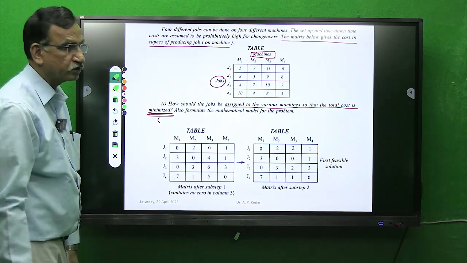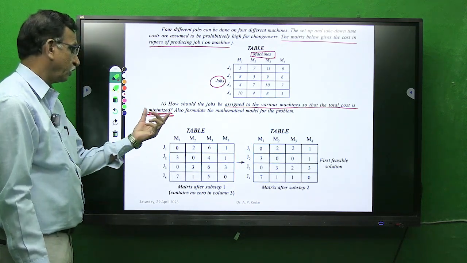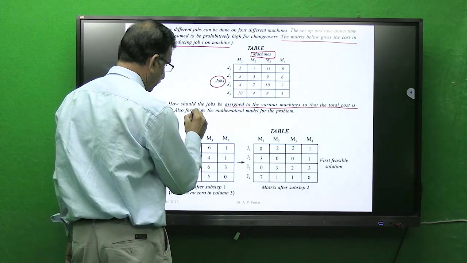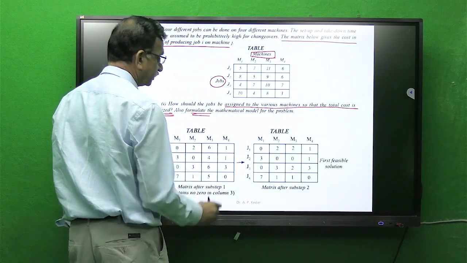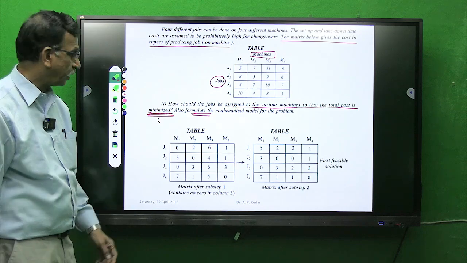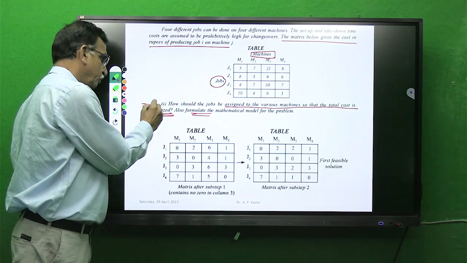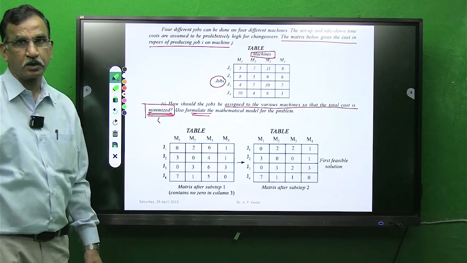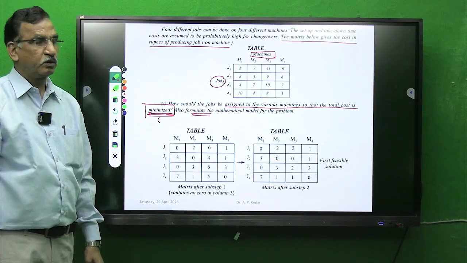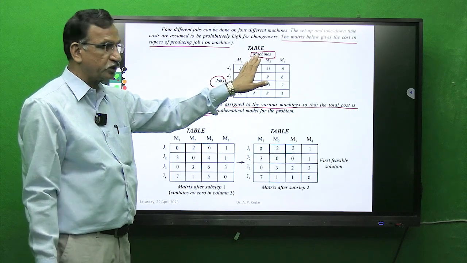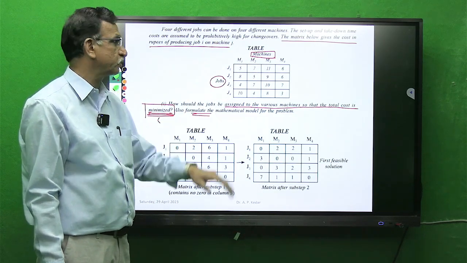So the objective function is very clear. Also formulate the mathematical model. This is an additional part, that the same can be formulated in the form of a linear program. Right now we are interested in finding the solution to this particular assignment problem, where the cost of assigning these jobs to the machines is to be minimized.